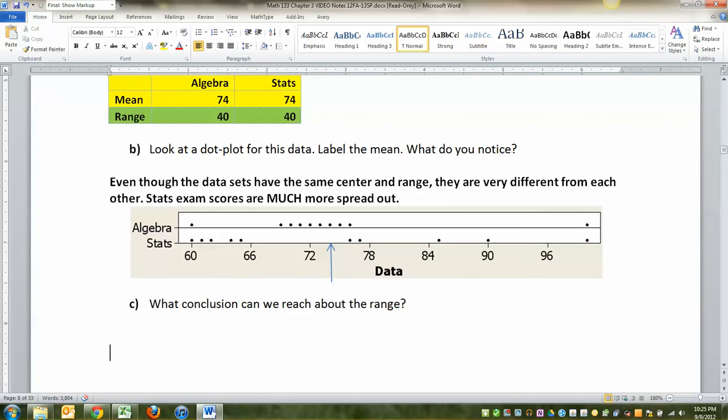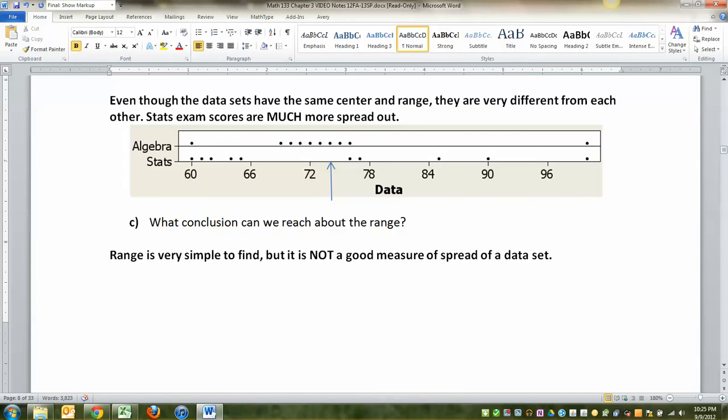So what conclusion can we reach about the range? Well, the range is very simple to find, but it is not a good measure of spread of a data set. Probably because it's so simple, to be honest.